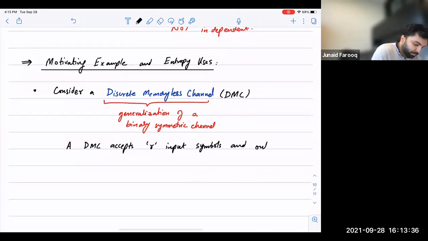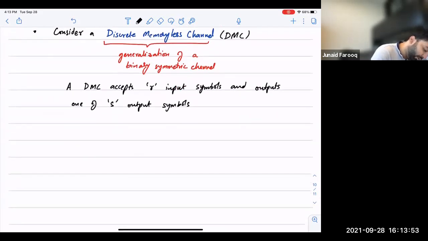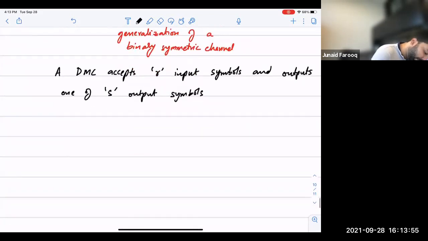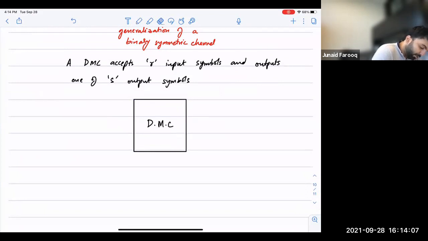and the output is one of S output symbols. Okay, so that means that there's a black box, let's call it a DMC, and there are R different inputs.